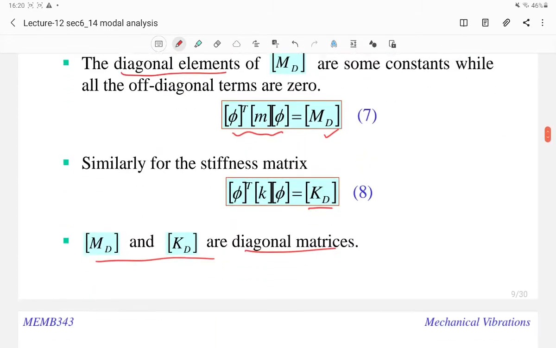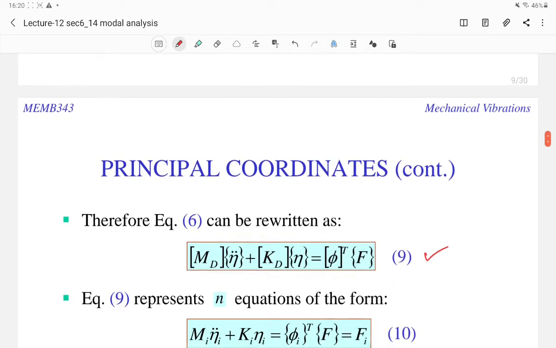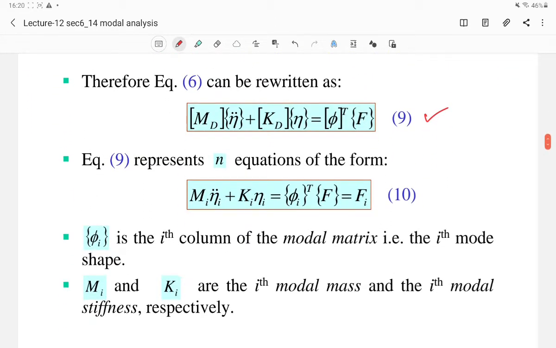That's why you get equation 9. Now these two are already in diagonal form, which means each of the equations will be independent.